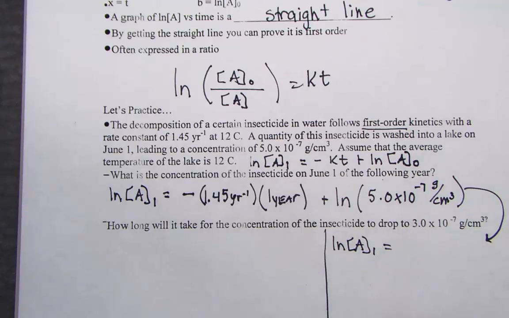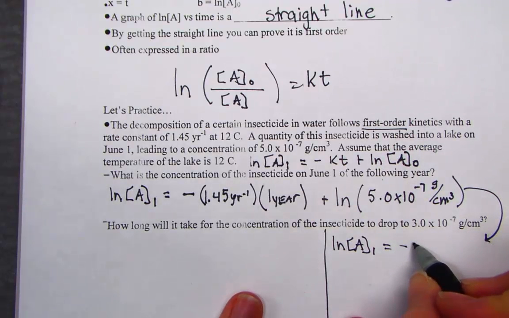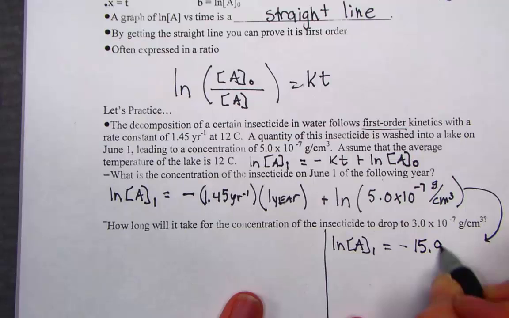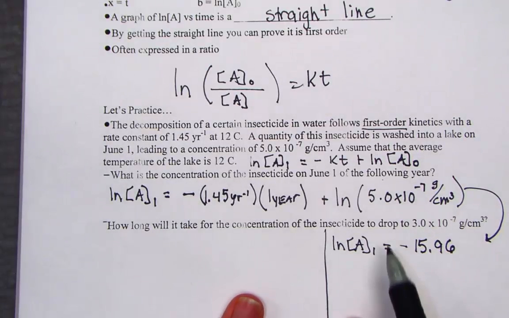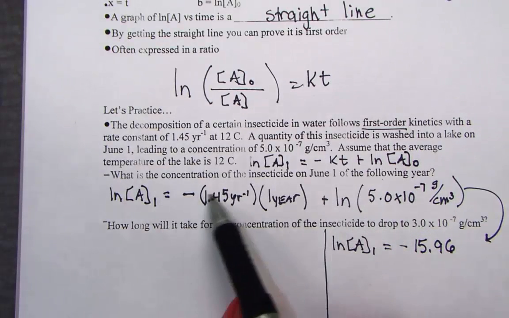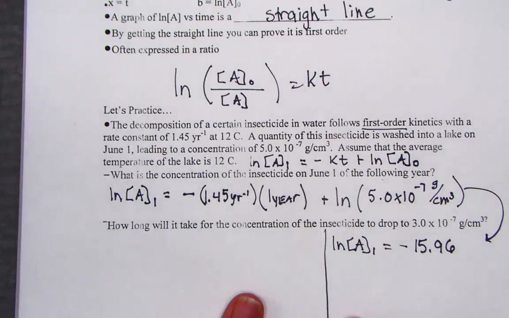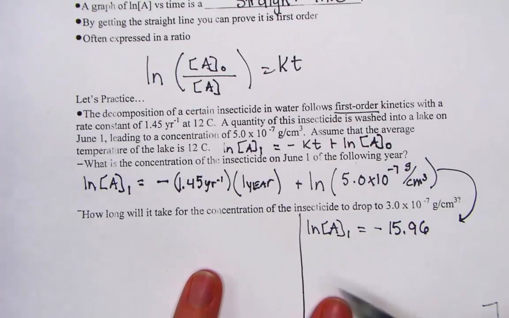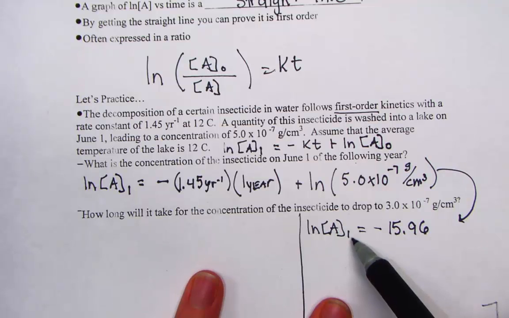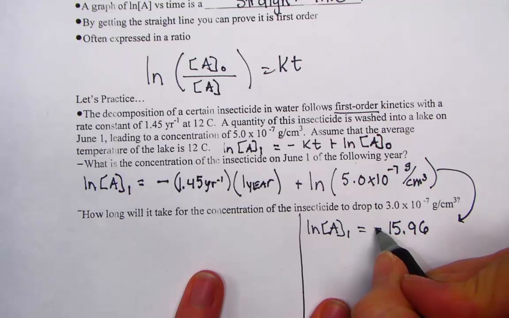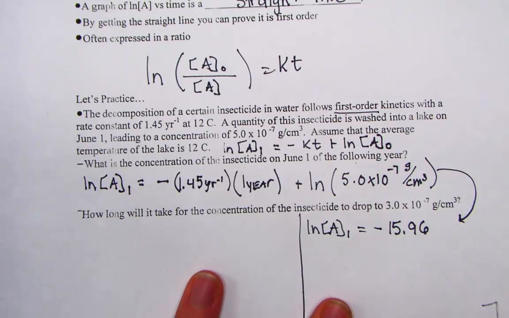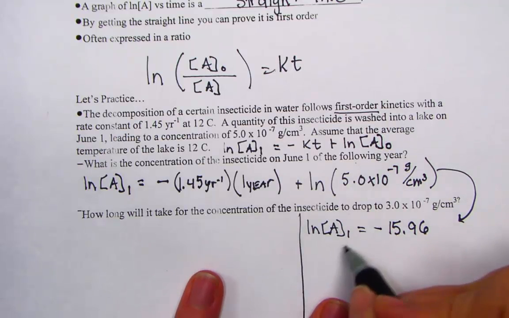I find my calculator saying right now it's negative 15.96. That's simply just number crunching what I have on the right hand side. The natural log of A 1 year later, the concentration remaining at 1 year, has now been simplified to be this value, negative 15.96. We want to pull out A.